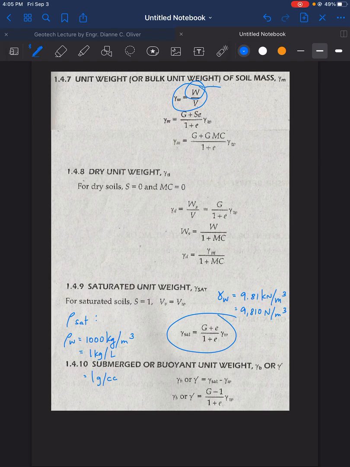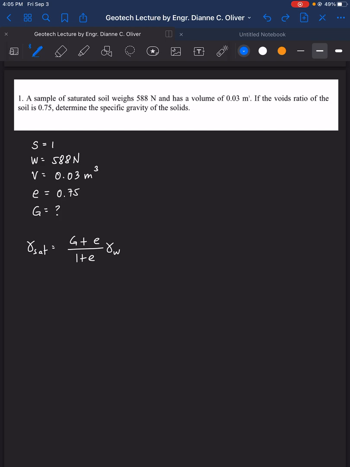If you're looking for the gamma D, the W here is the weight of the solids. Therefore, if we're looking for the gamma sat, that is weight over volume, so we are considering the weight that is saturated. So that is 588 Newton divided by 0.03 cubic meter.